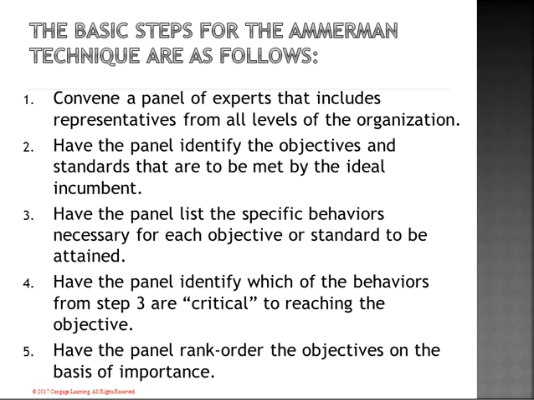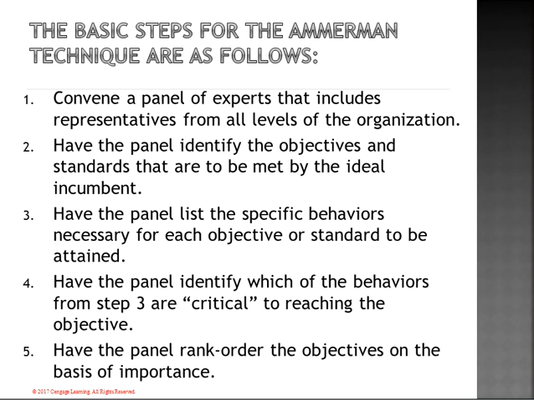The basic steps for the Ammerman technique are as follows. Again, this is the technique of utilizing the idea of an ideal worker to start to analyze a job. One, convene a panel of experts that includes representatives of all levels of the organization, because they all may have different views of a particular job. Two, have the panel identify the objectives and standards to be met by the ideal incumbent.